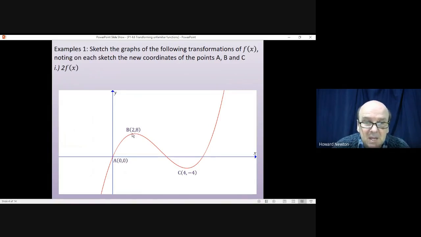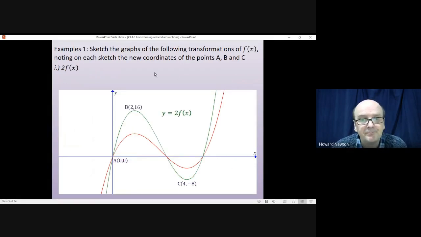So this point here, B, is going to move upwards, and instead of being y equals 8, it'll move to y equals 16. The x value won't change at all. This point here is going to move downwards. -4 will double to get -8. And where we cross at the origin, if you double that, it'll still be 0. So A isn't going to move, B will move up, C will move down.